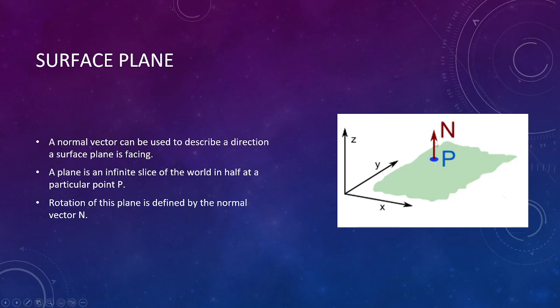Our normal vector is where it's facing. A plane is an infinite slice of a world in half at a particular point P. So the rotation of this plane is defined by the normal vector n. This is where it is looking.